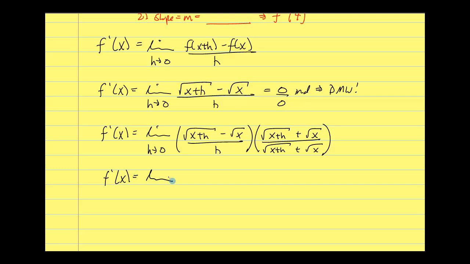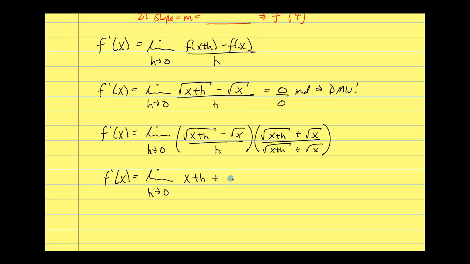So here we have f prime of x is equal to the limit as h approaches 0. Now when I work with this binomial times a binomial, and they're conjugates of each other, I have to FOIL it out: firsts. And then what happens is your outsides and your insides will sum to 0. That happens every time you work with conjugates. And then I'll have my lasts as well. So my first would be x plus h. Root x plus h times root x plus h is just the radicand back. Outsides and insides terms go to 0.